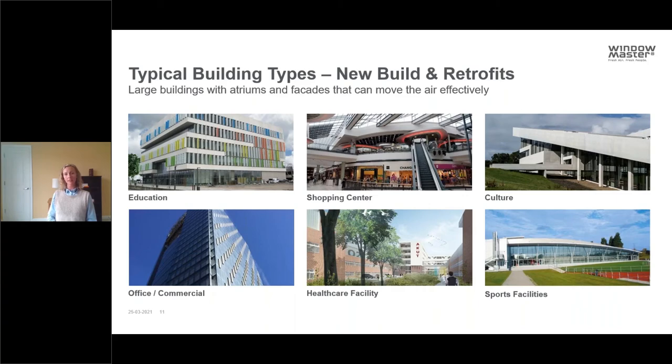Now, that's not to say that a small project, a small building can't use window actuators and can't use natural ventilation, but I'm typically seeing it in education projects, being K through 12 or higher ed or community colleges, shopping centers, cultural facilities like museums and community centers, of course, commercial and office spaces, healthcare like your visitor center or the welcome part of the building in a healthcare facility, and also a sports facility.